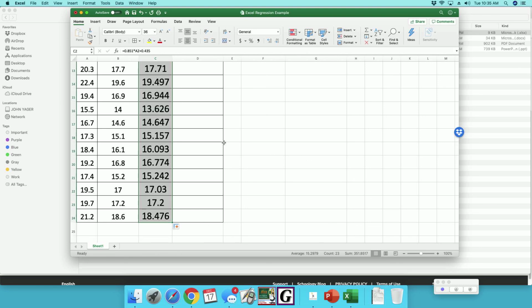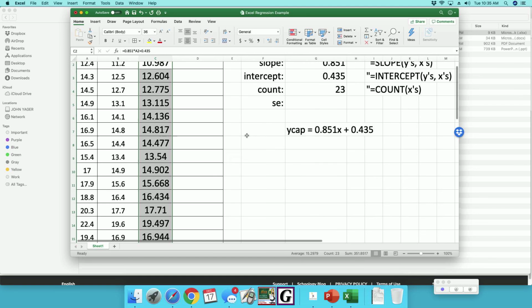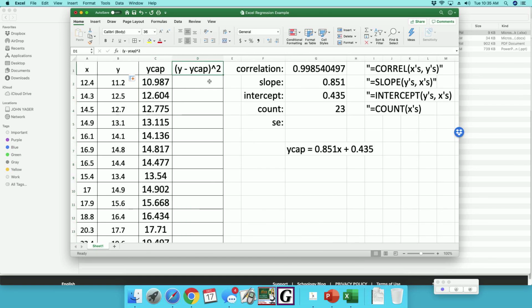There's all your values. Now we're going to build the formula for y, which is B2, minus y cap, which is C2, and then we're going to square it. So we're going to do equals parentheses B2 minus C2, close parentheses, then shift 6, which is your exponent symbol, 2.